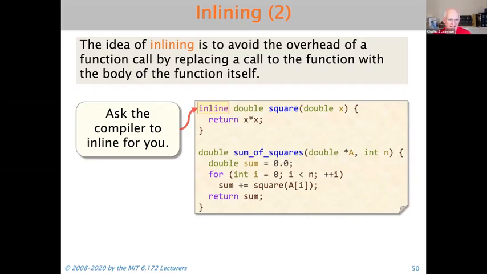Sometimes you can ask it and it won't do it, and sometimes it will do it and you didn't ask it. Generally, you can get around it when it really doesn't want to by using the attribute feature, which we'll learn about, and using the attribute always_inline if you want to be sure it inlines a function. But normally you can just suggest that it inline it.